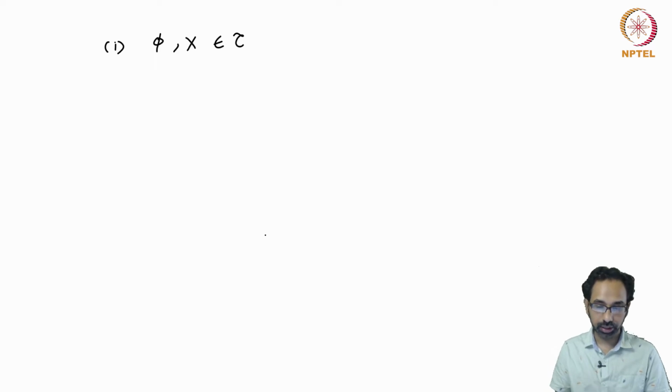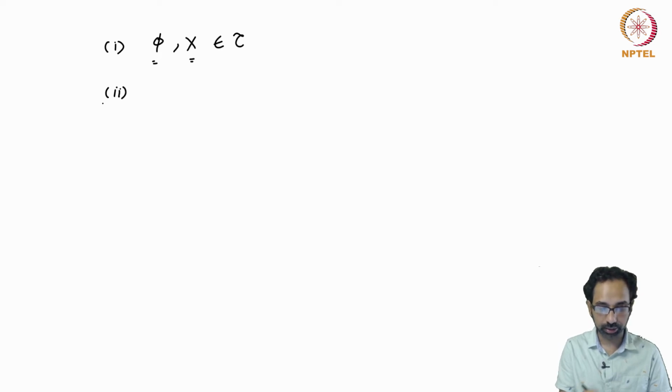Of course the empty set is a subset of X, as we saw. The empty set is a subset of any set. So in particular for this set X, what we demand here is that the empty set as well as the entire set X should belong to this collection tau.